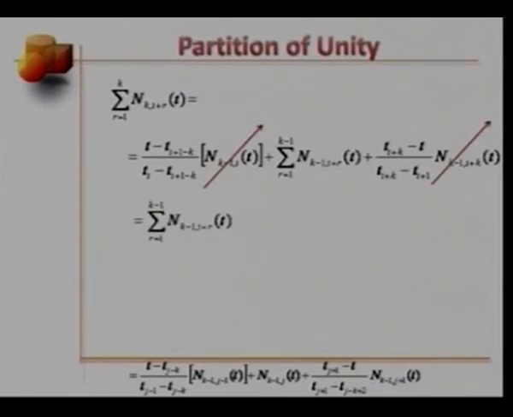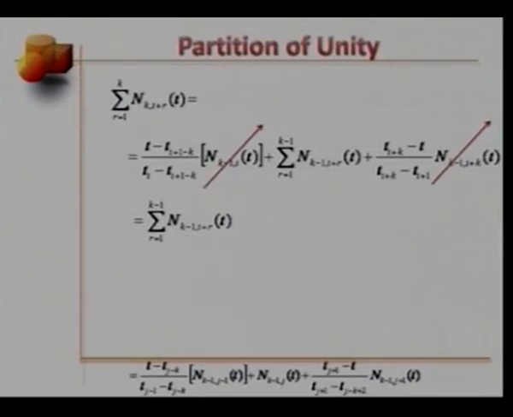So we are left with summation r going from 1 to k of n_k,i plus r of t as summation r going from 1 to k minus 1 now, n_k minus 1,i plus r of t. In a sense, the summation of k order k basis spline functions gets reduced to the summation of k minus 1 order k minus 1 basis spline functions.